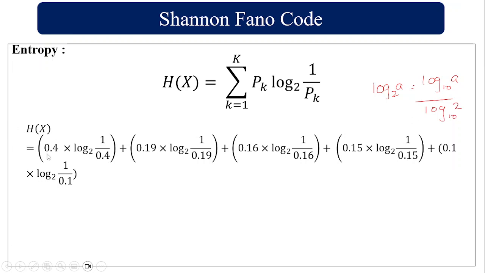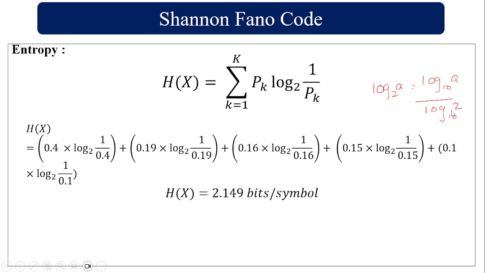I type as such what I'm saying now: 0.4 into log of 0.4 inverse plus 0.19 into log of 0.19 inverse plus 0.16 into log of 0.16 inverse plus 0.15 into log of 0.15 inverse plus 0.1 into log of 0.1 inverse equal to, you will get your number, that divided by log 2.